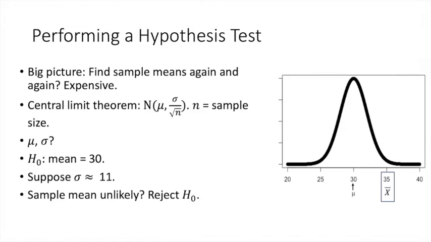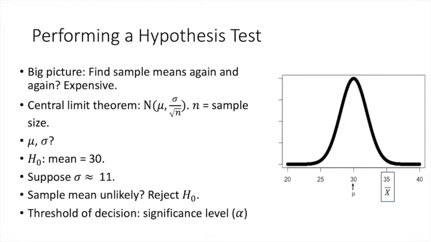In fact, this event is so unlikely that it is inconsistent with the null hypothesis. Therefore, we reject the null hypothesis in favor of the alternative hypothesis. The threshold with which we compare the probability is called the significance level, or alpha.